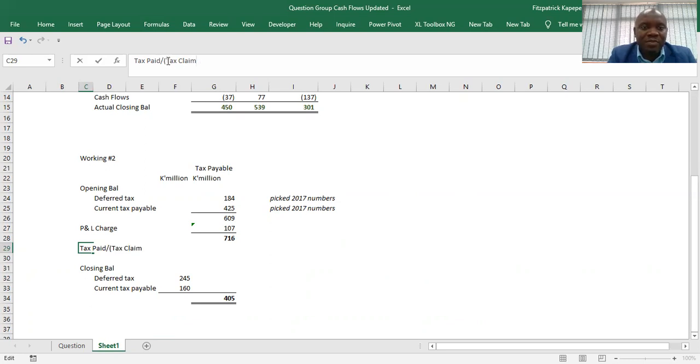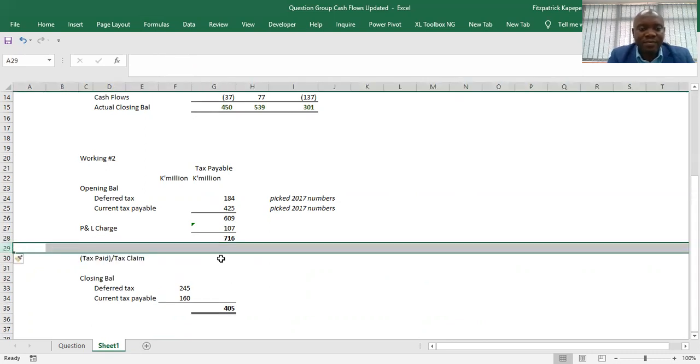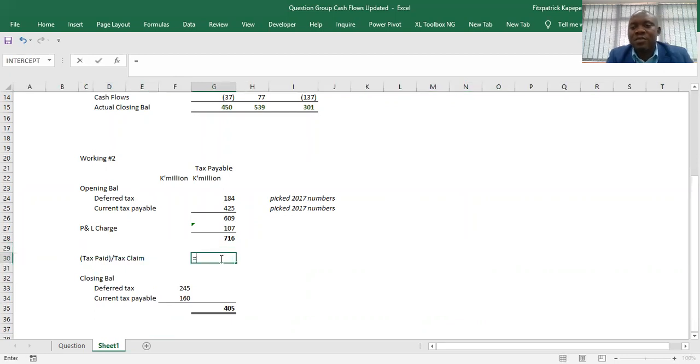No, which one do I put in brackets? Tax paid. Leave a bit of space. So this is your closing balance, and this was your total, that is your opening plus the P&L, your obligation. That difference, this is what you paid.